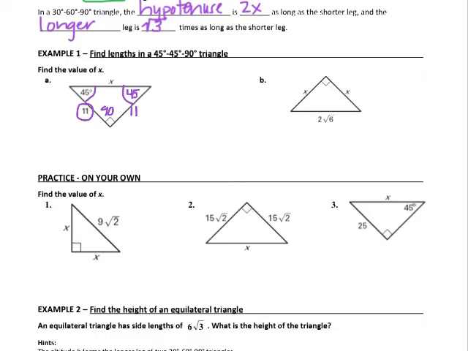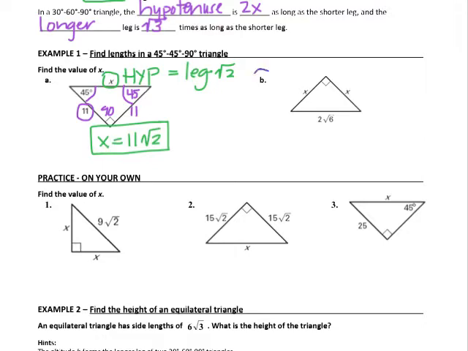So we have to solve for this, which is the hypotenuse. And we learned just a second ago that the hypotenuse is equal to the leg times the square root of 2. So for this problem, we have a really easy solution. X is going to equal 11 times the square root of 2. And that's all we had to do there.